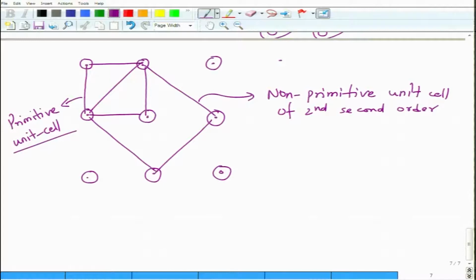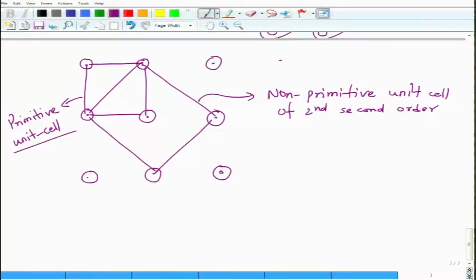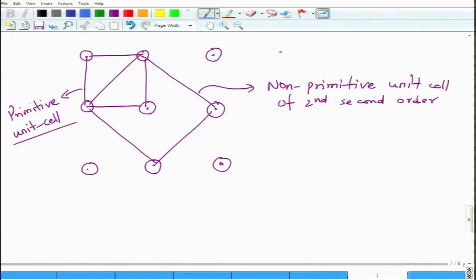Things are simple when you have just one atom. Things become a little complicated when you have more than one atom. So, I gave you one example last time. If you take the example of more than one atom, now of course, you can have some more correlations here. You can see that the next order non-primitive unit cell contains twice the number of atoms as the primitive unit cell contains.